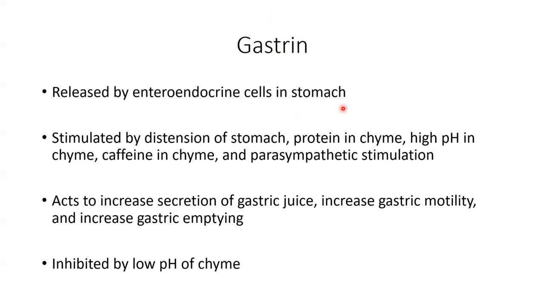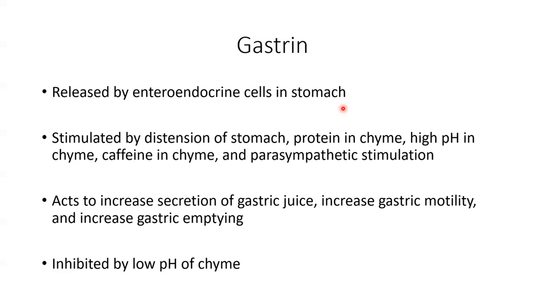It is released in response to distension of the stomach, so a really big meal, having partially digested protein in the chyme, having high pH in the chyme of the stomach, the presence of caffeine in the chyme, and the stimulation from the parasympathetic nervous system.